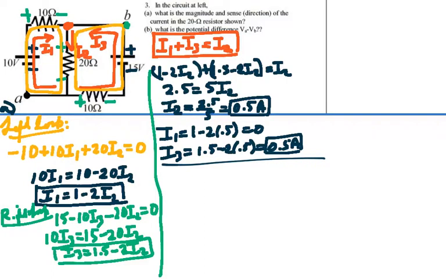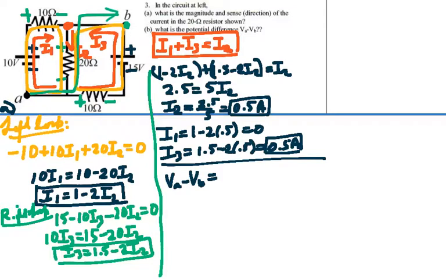What's the potential difference VA minus VB? To find VA minus VB, we're going to just walk our way from A to B, adding our voltages along the way, any way we wish. So the easiest way would be to walk along this path from A to B like that.